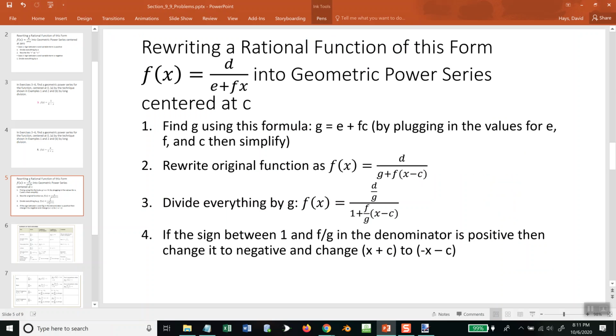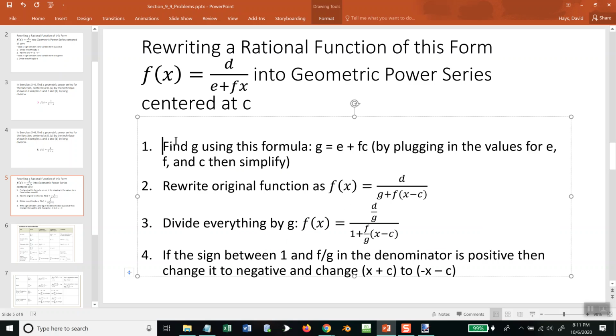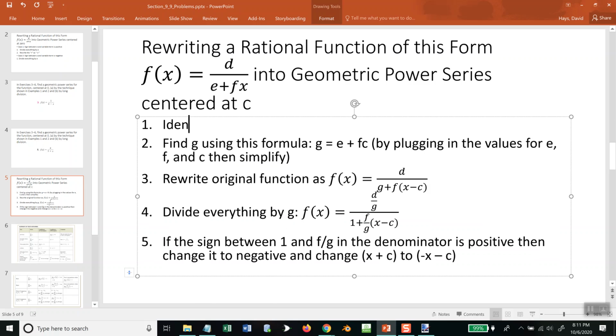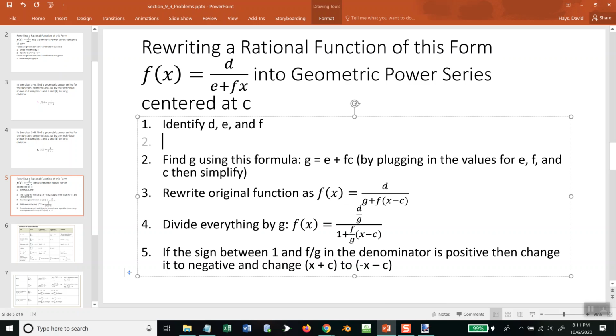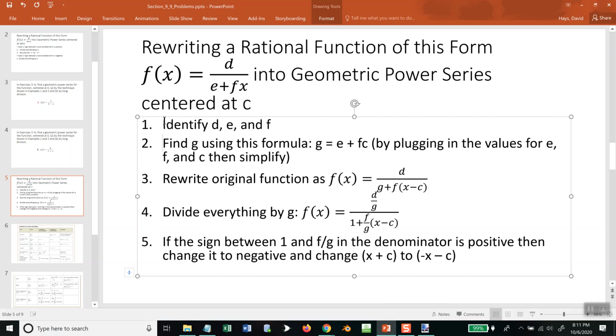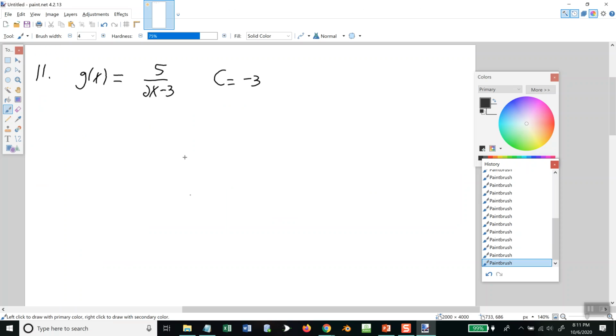Really, I guess the first step would be to identify D, E, and F. So D is 5. E would be -3. F is whatever number's in front of our X, which is 2. And obviously C is -3.